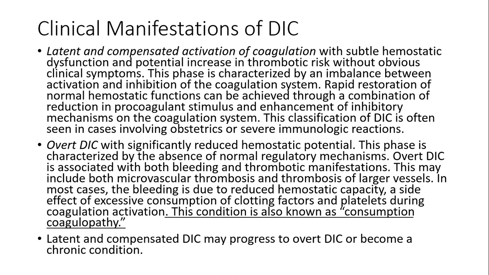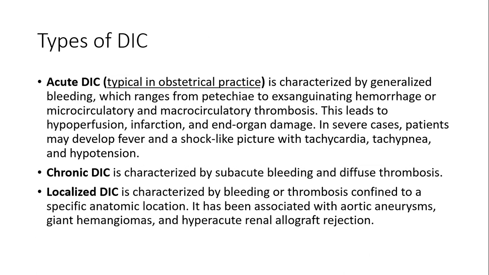Clinical manifestation of DIC can be latent or compensated activation of coagulation. It may be overt DIC, or latent or compensated DIC, which may progress to overt DIC or become a chronic condition.